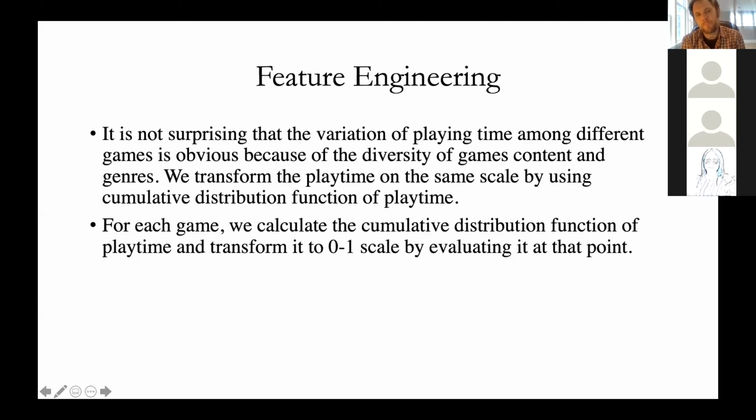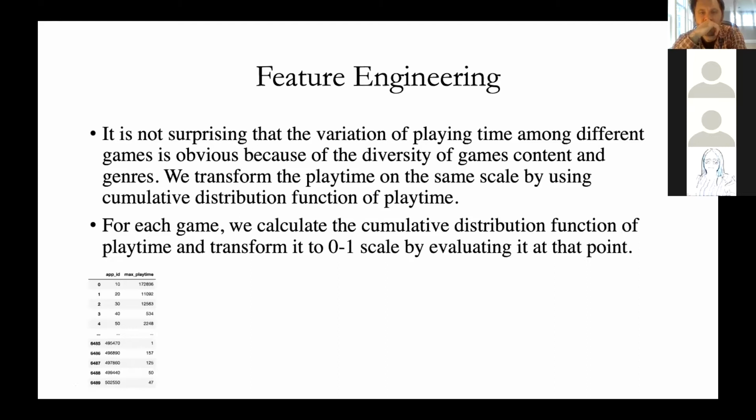Before we build a recommendation model, let's dive into the features. These are the data we use to create the recommendation system, including items, users, and the time users have spent on games. We found a problem with the feature playtime forever. We can see from this table that the maximum playtime of each game is hugely different, from 1 to 170K.